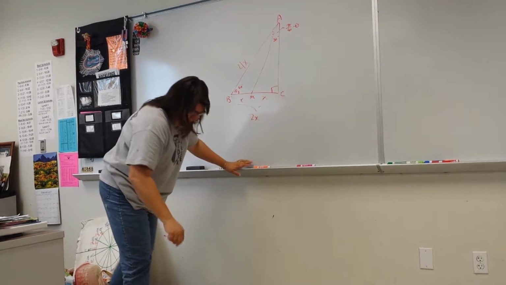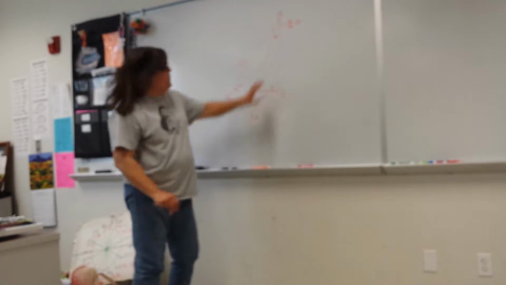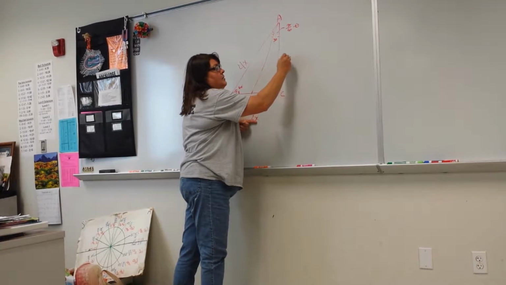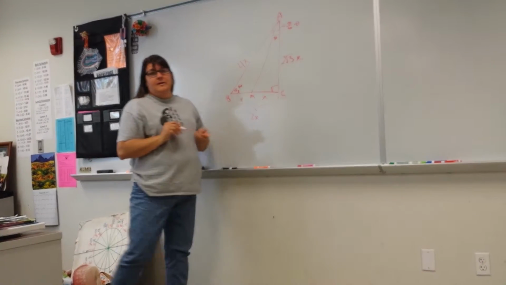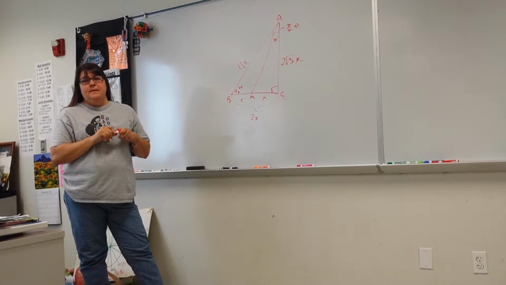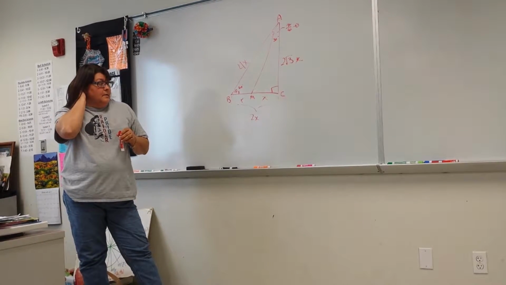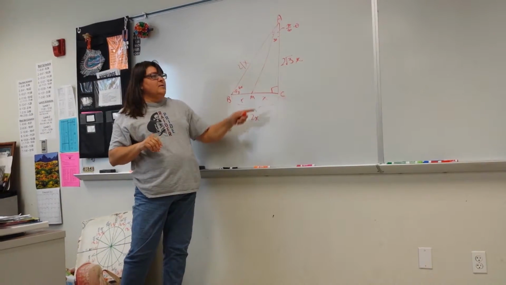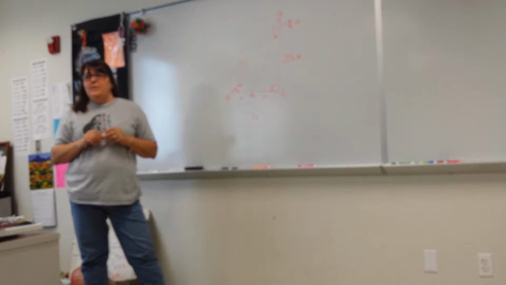And over here is 1 times the square root of 3, so this is 2 square root of 3 x. You just multiply 2x times square root of 3. So we have a 1, 2, square root of 3 triangle. Everybody okay with that so far?